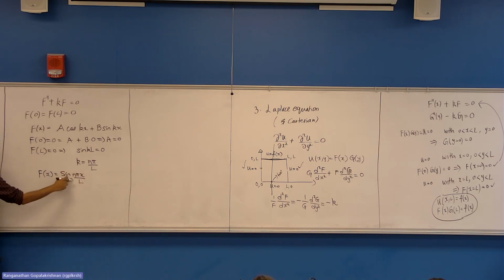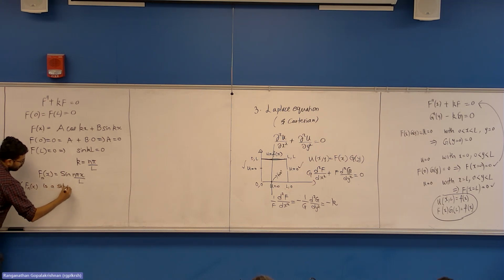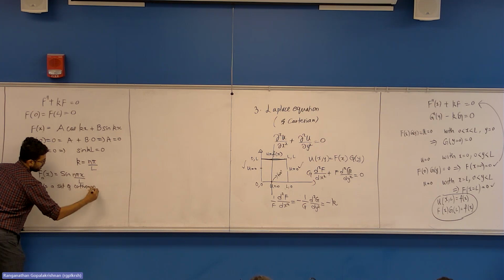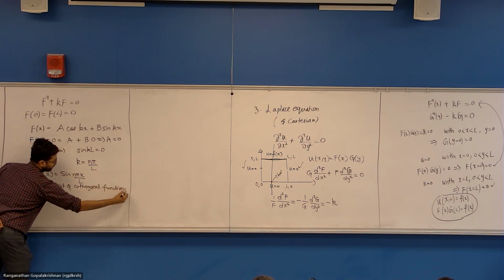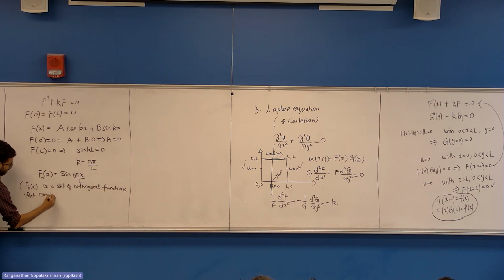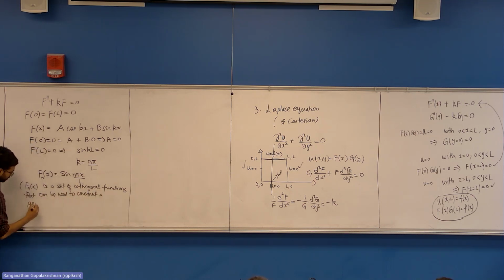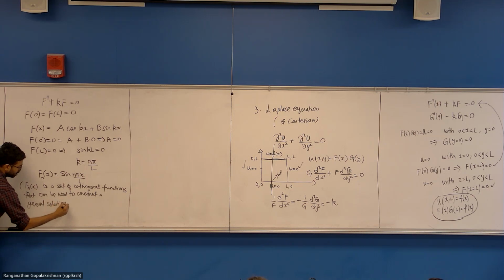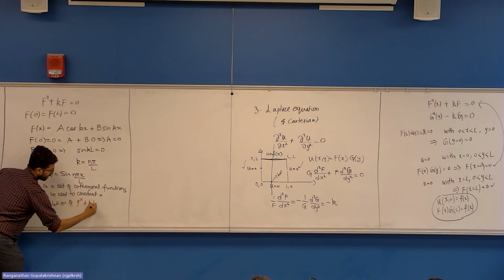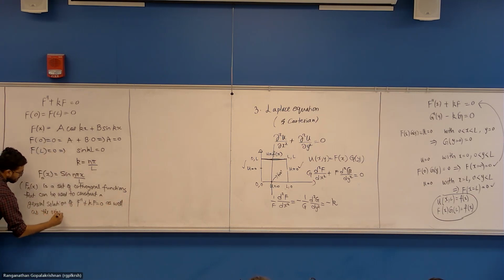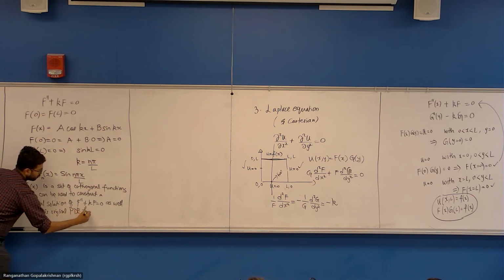And since this function depends on n, I'm going to add a subscript n, because f n of x is a set of orthogonal functions that can be used to construct a general solution of f double prime plus kf equal to 0, as well as the original PDE for u.